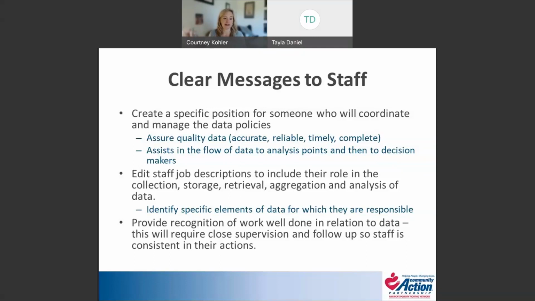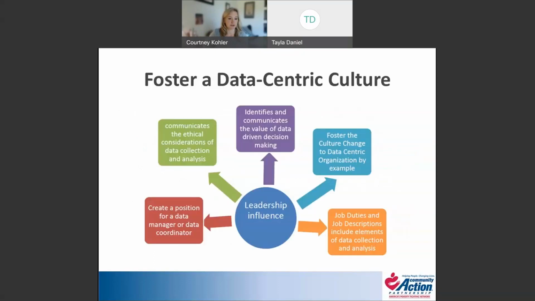So little things like that, or achievement of an outcome, should be recognized and shown that that is something that is appreciated and acknowledged within the organization as a job well done. So that positive reinforcement, I guess.